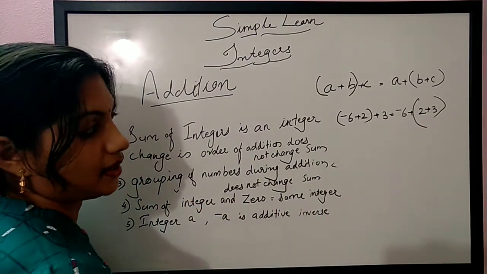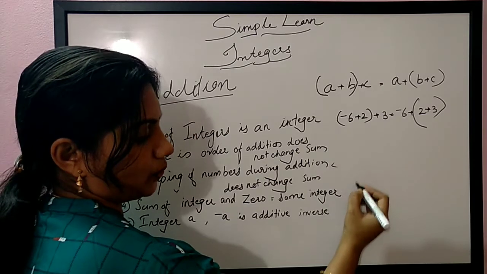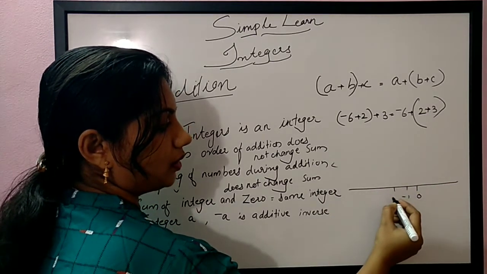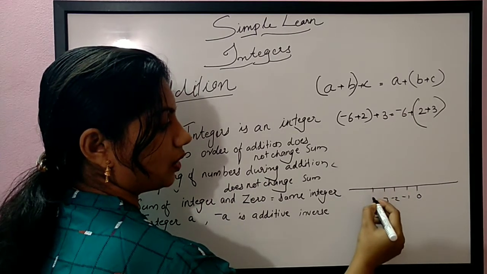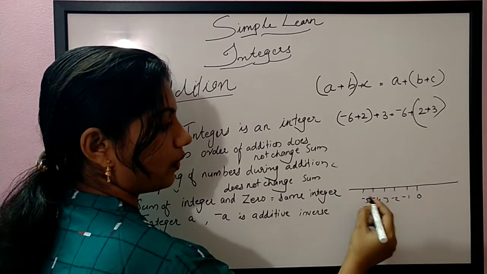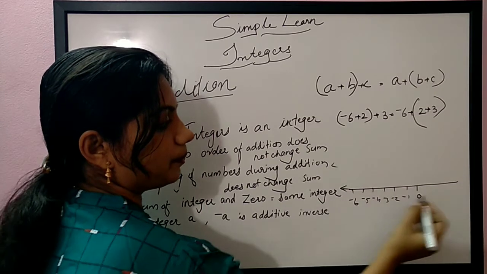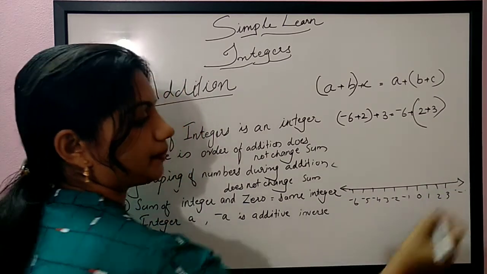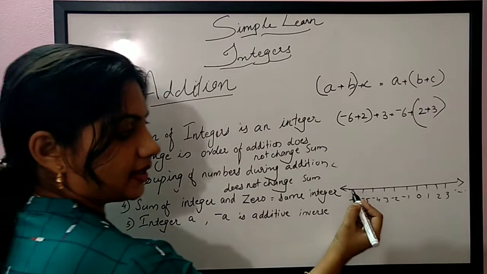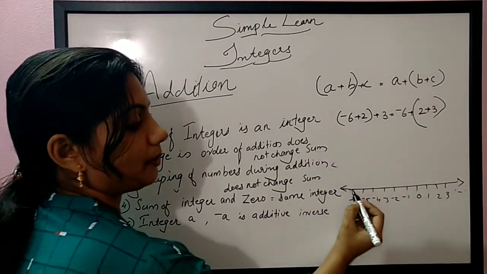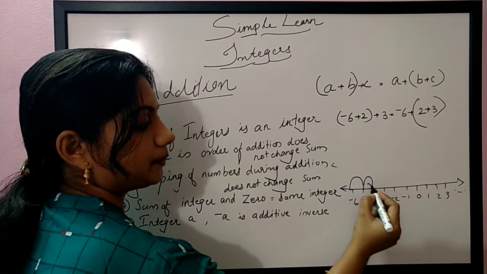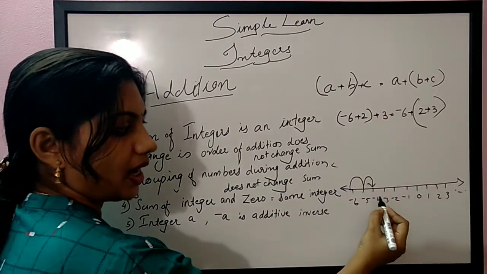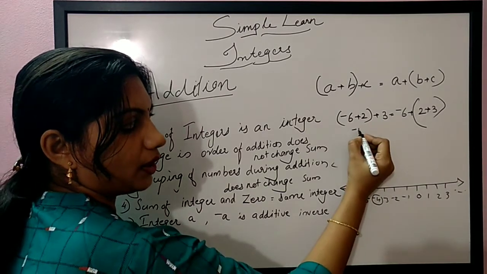So how is the answer coming? Negative 6 plus 2. Negative 6. Okay. 0, 1, 2, 3, 4, 5, 6. 1, 2, 3. Goes like this. Negative 6 plus 2. 2 times I should jump to the right. Negative 4. Now I have to add 3.